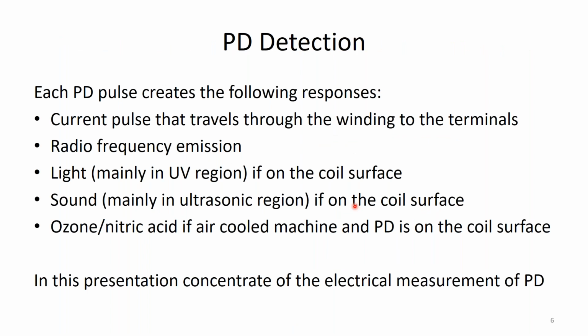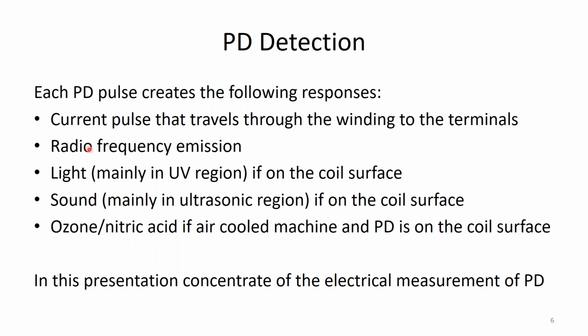Okay, I forgot this slide was in here, but there are lots of ways we can detect PD, especially if we're doing offline tests. Every time there's that spark or discharge, a current pulse is emitted that will travel through the winding to the machine terminals, which is where normally we'll detect it.